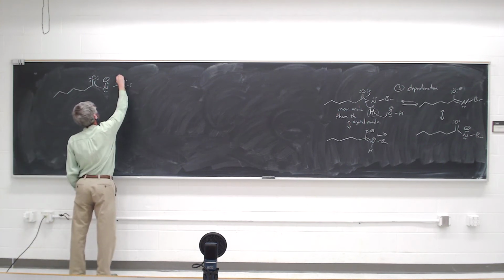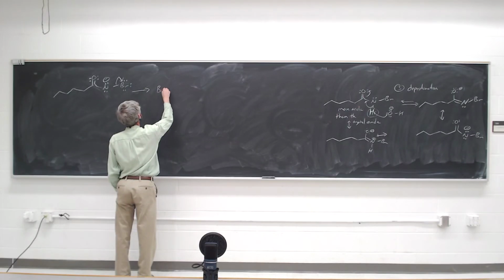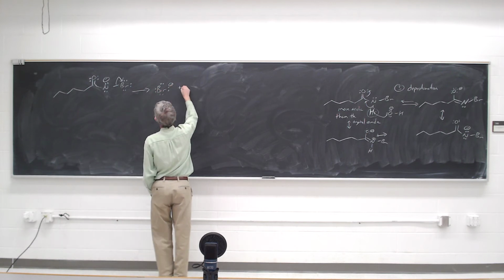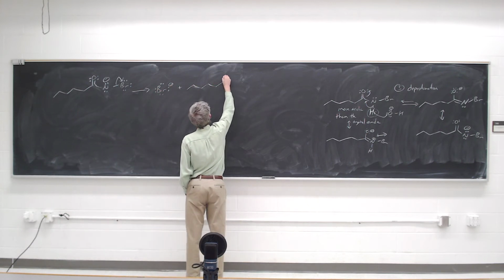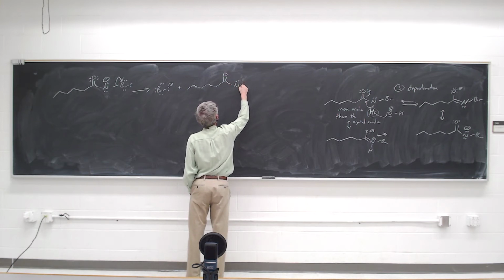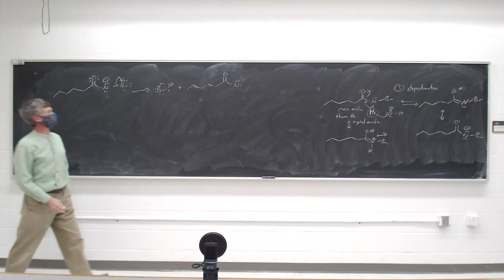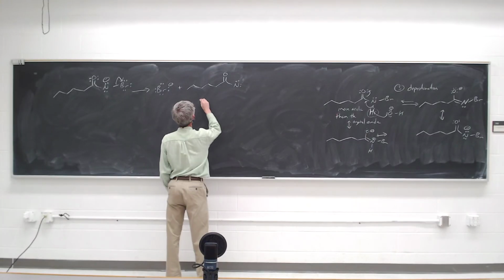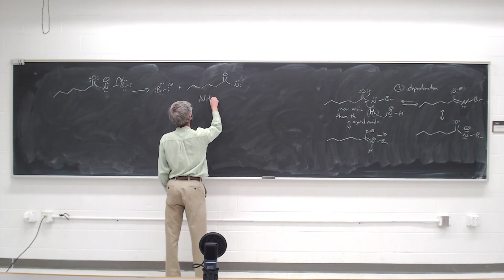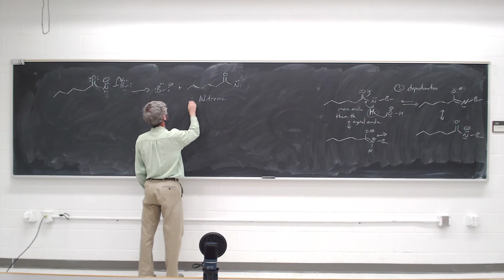And so bromide just falls off as bromide. It leaves you with a weird nitrogen that's neutral, that has an unfilled octet. This is called a nitrene. And it's analogous to carbenes.